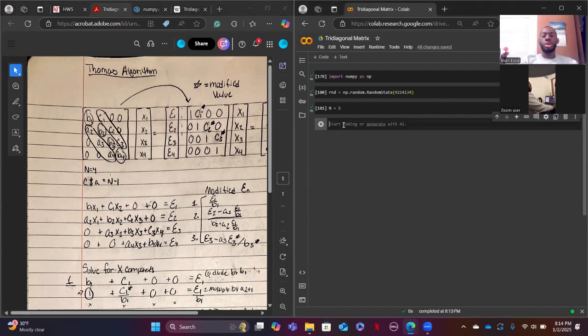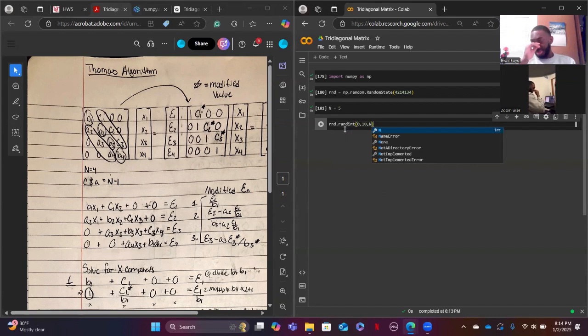What this will look like is that first we do the random. So we do rnd dot random integers from 0 to 10. The size will be n.